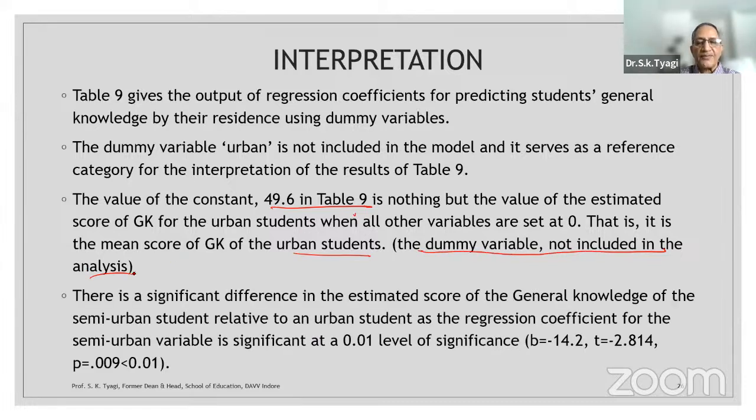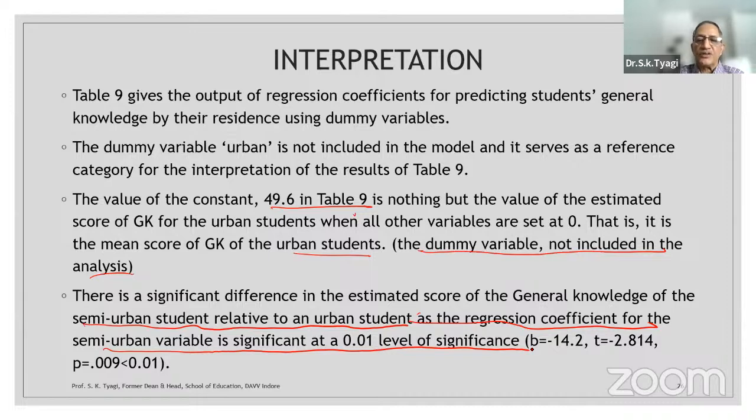There is a significant difference in the estimated score of general knowledge of the semi-urban student relative to an urban student, as the regression coefficient for the semi-urban variable is significant at the 0.01 level of significance. So next we interpret the t-value. T-value is significant.